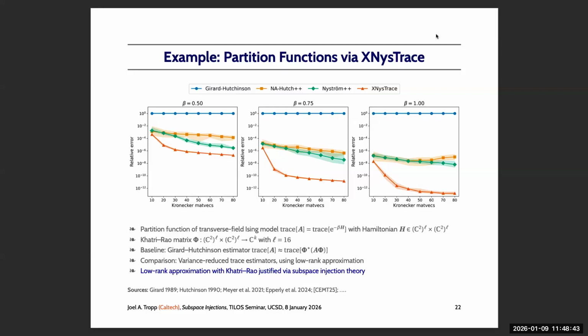This is a spin chain. Each of the spins has a two-dimensional state space, and you're tensoring together L of these. The Hamiltonian is an operator on that 2^L dimensional space. What you need to compute is the trace of e to the minus beta times this exponentially large matrix. It's called the partition function of the model.